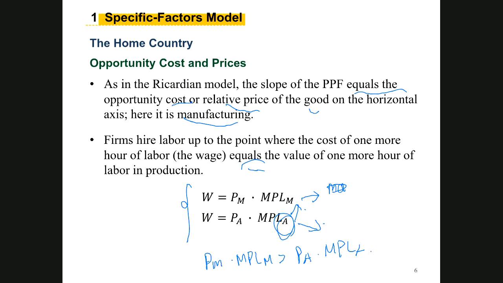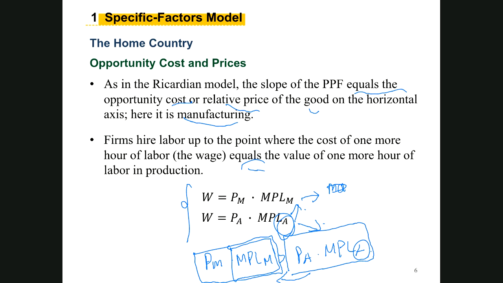That means the value of the marginal productivity of the labor in the manufacturing sector is higher than the value of the marginal productivity of the labor in the agriculture sector. So with the free movement of the laborers, the labor could just move to the manufacturing sector, right?